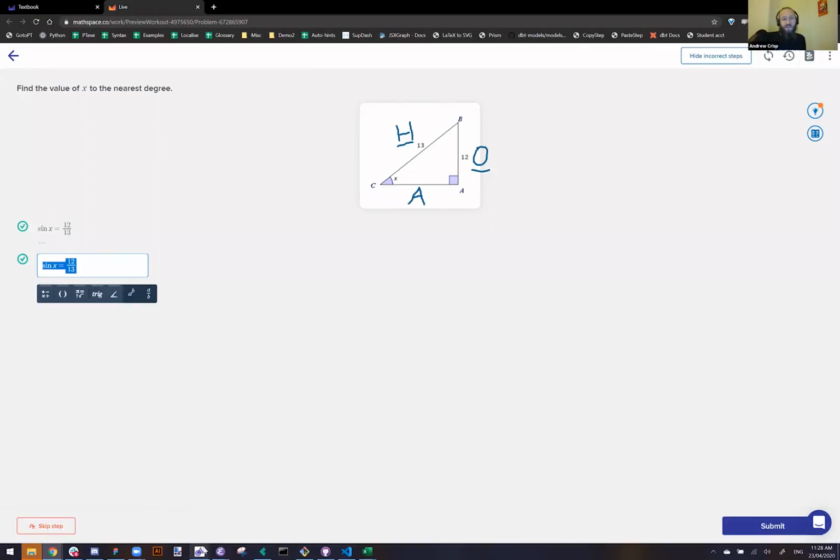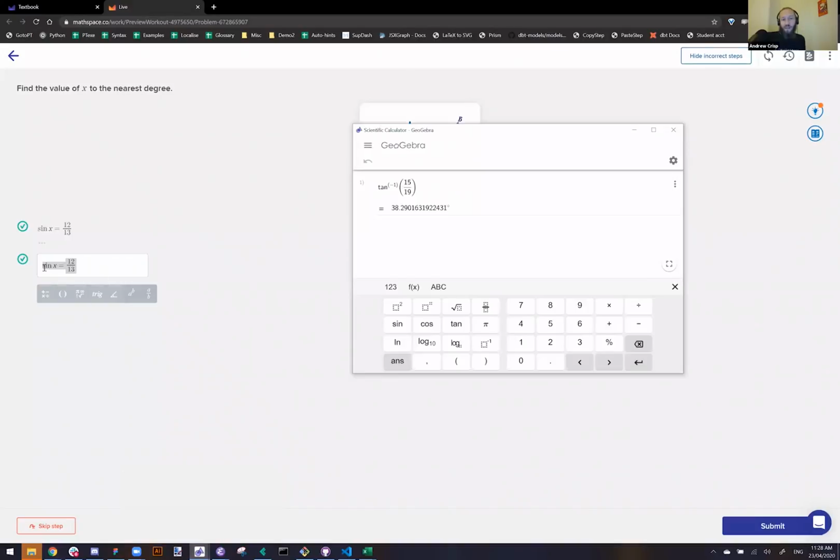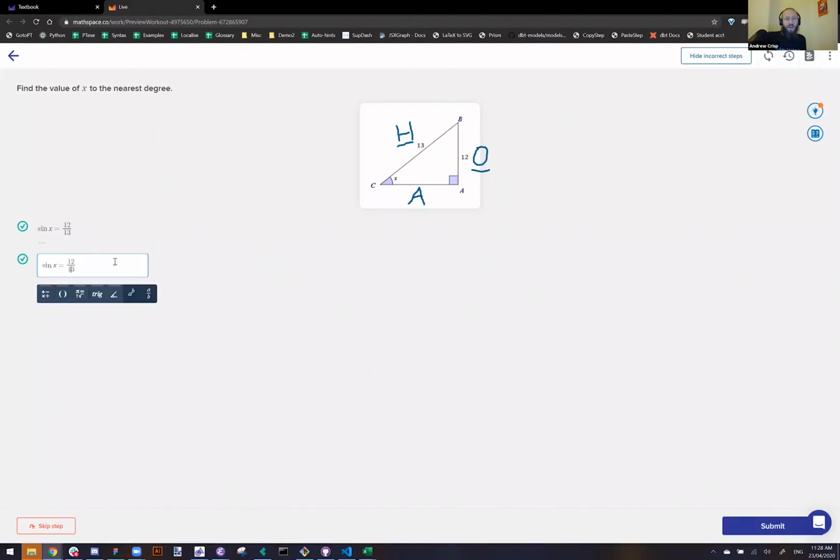And then to find the answer we need, I'll write it in Mathspace first: sine to the -1 of this. Just check with Mathspace that we're doing the right thing.